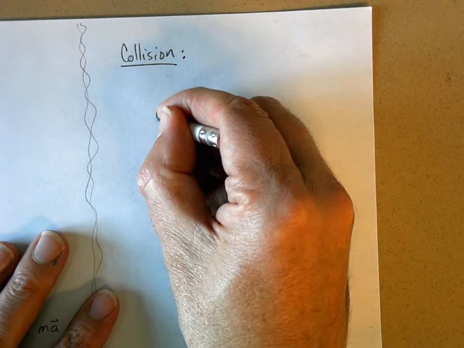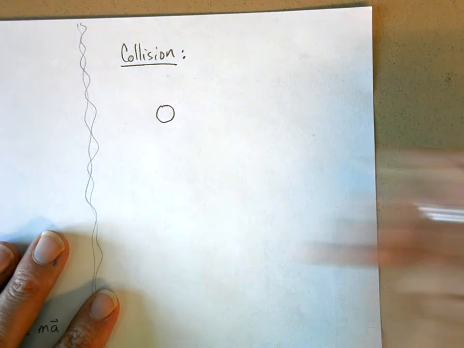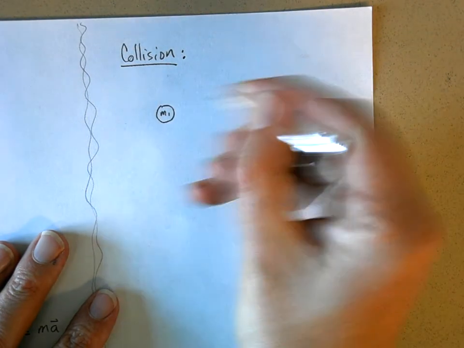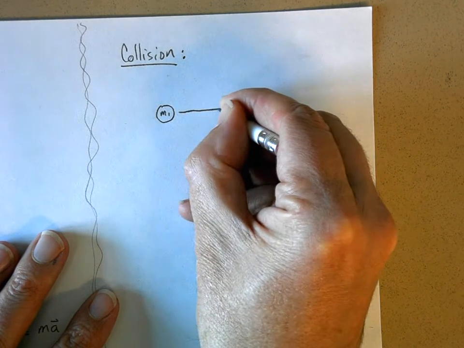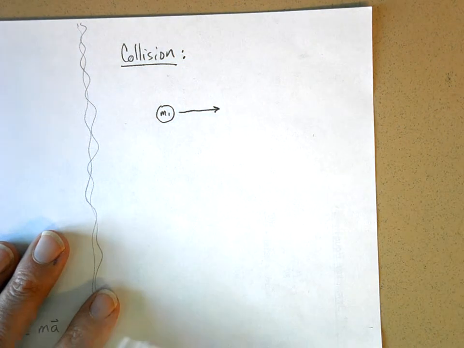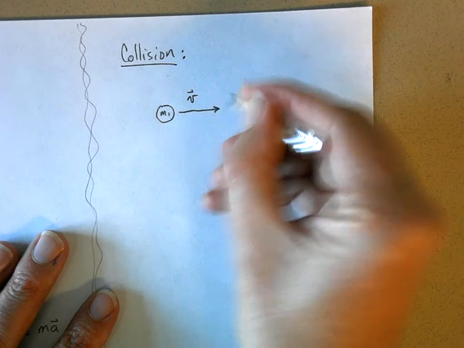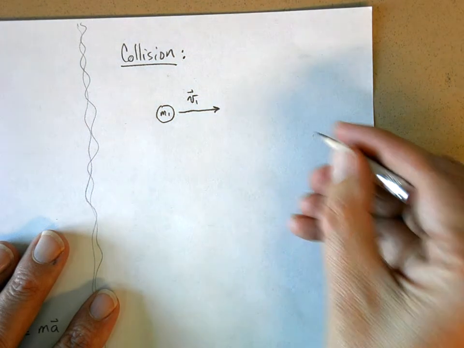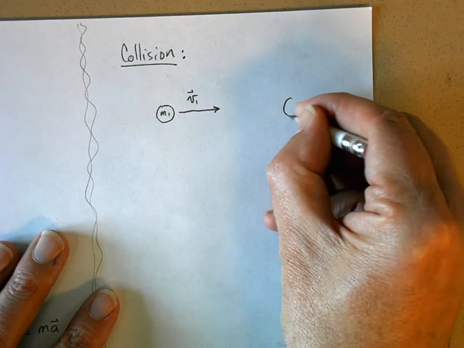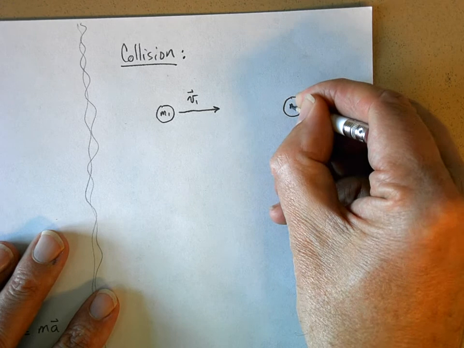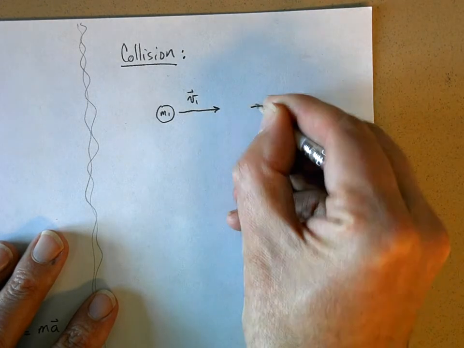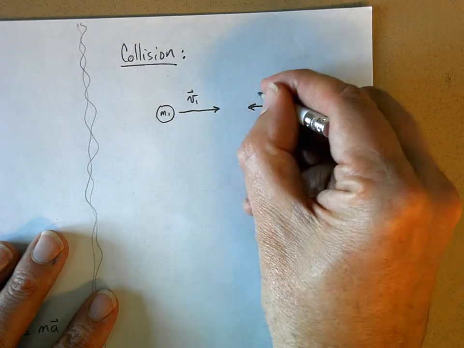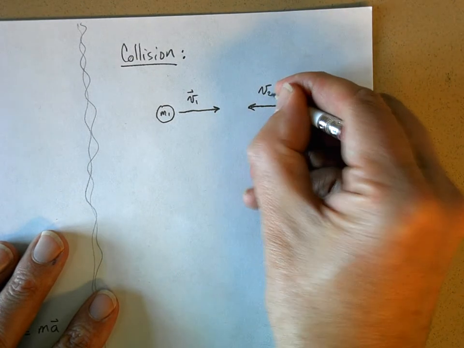Imagine a ball of mass m1, and let's suppose it's moving along a straight line like this. So this is a velocity vector here. And then we have another ball, maybe a little bigger, m2, and maybe we can have it moving like this towards, they're moving together.